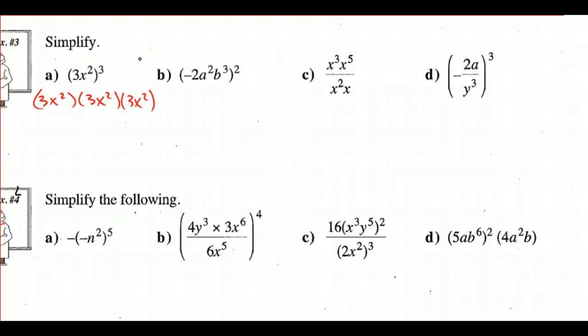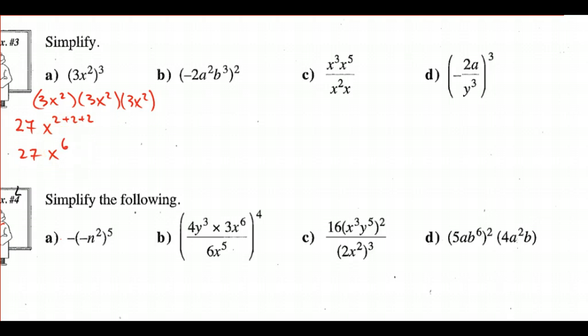Now I basically turned this example into the same one as we did above. So now I can do my 3's because they're the coefficients. So 3 times 3 times 3 gives me 27. And then x, and then 2 plus 2 plus 2. So 27 x to the 6. So that's the long way of doing it.